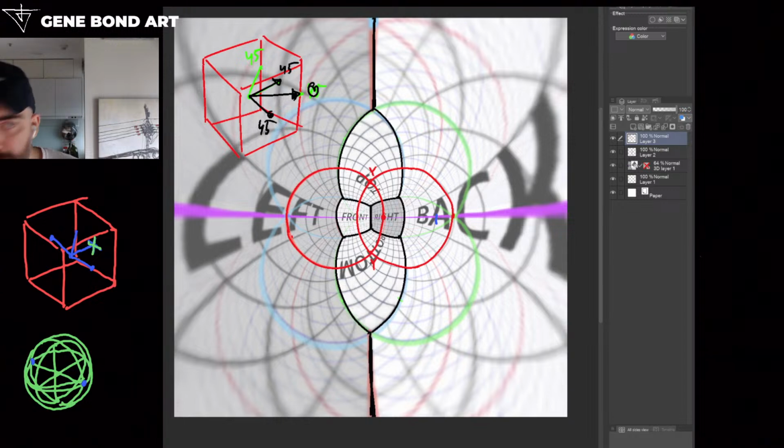It's for the z axis. So our z vanishing point is here on the front, right? And the z vanishing point on the back, and this axis line from the front and back vanishing points, you see, is a 45 angle.